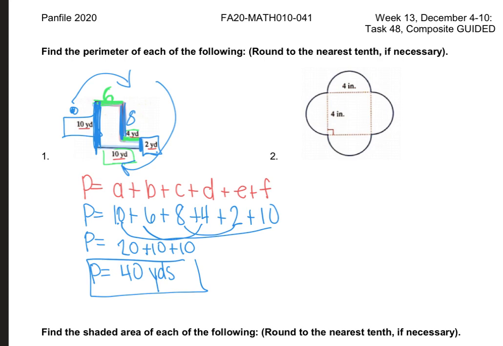Now, similarly, with this one, we're doing something similar, but see those 4s on the inside? They don't really help, because remember, perimeter is talking about the outside edge only. So I have to find this and this and this and this.